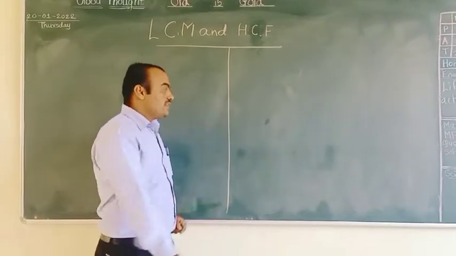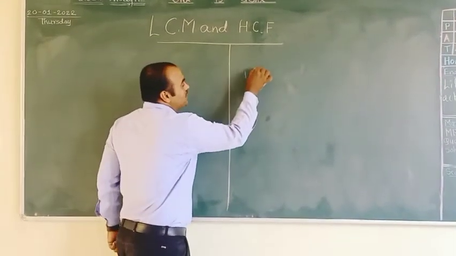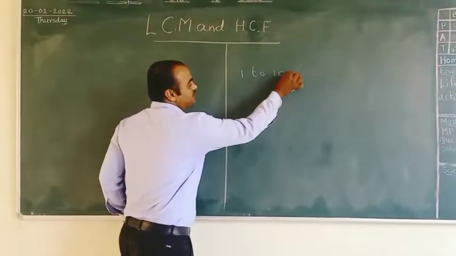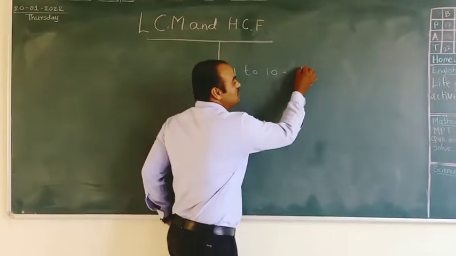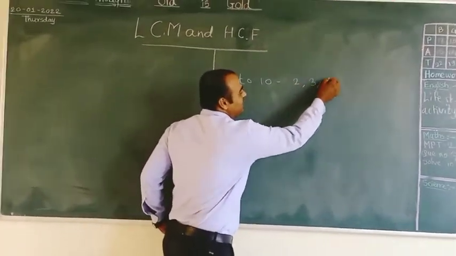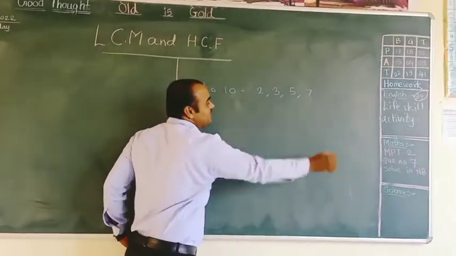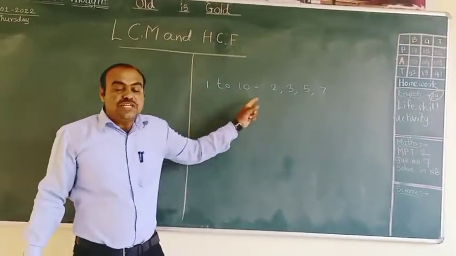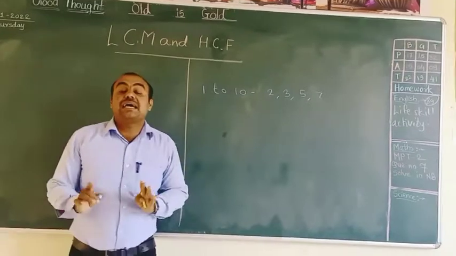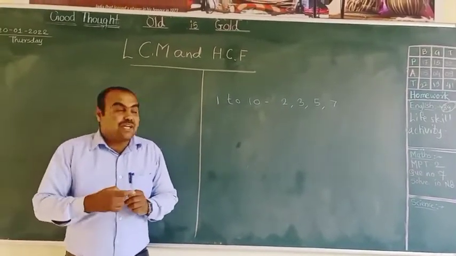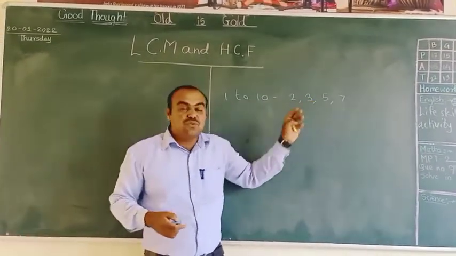So what are the prime numbers from 1 to 10? 2, 3, 5 and 7. From 1 to 10 we got 4 prime numbers. We are not getting another one. Why not 4?